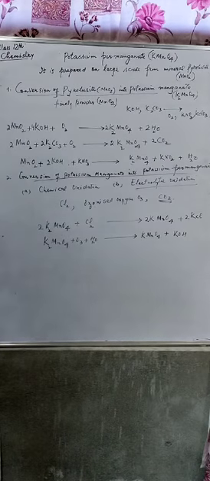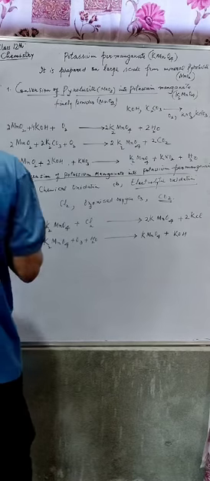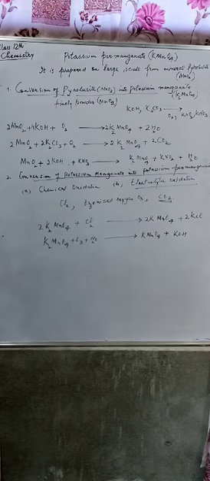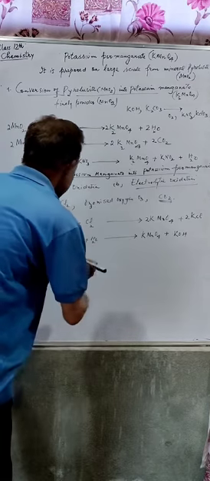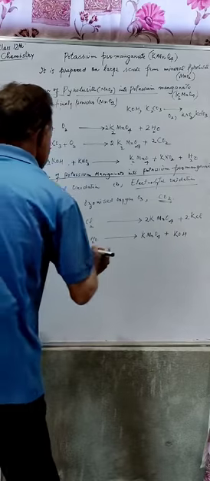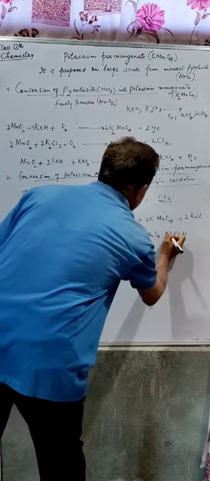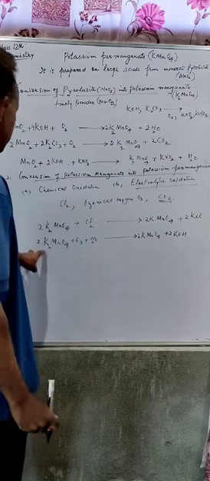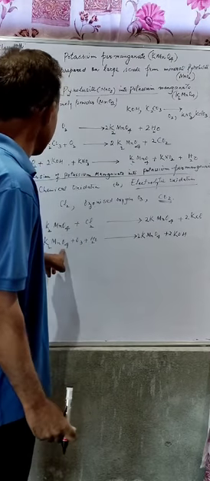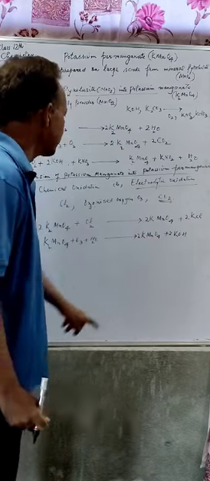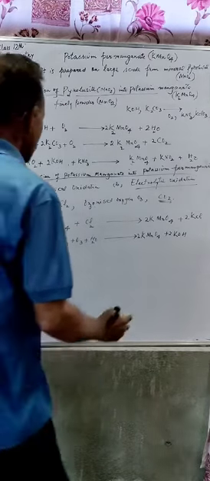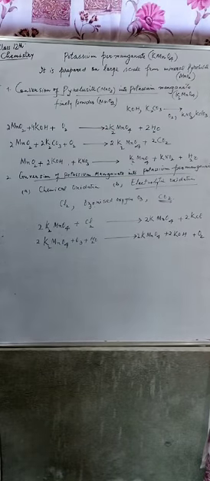Again we balance the reaction, taking oxygen in the ratio 2:1:1, twice and twice, plus O2, and the reaction gets balanced.